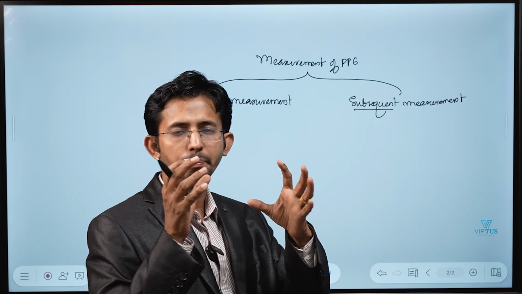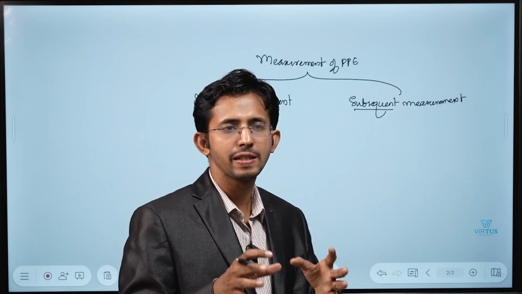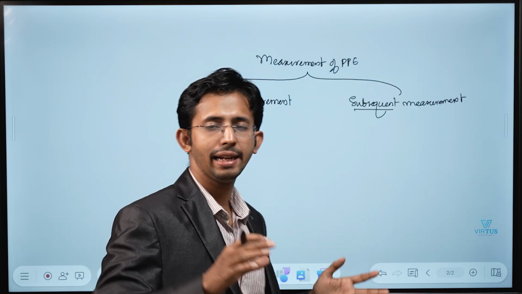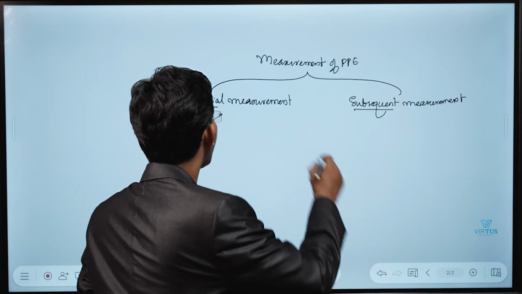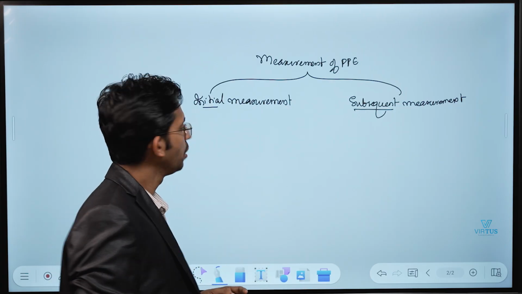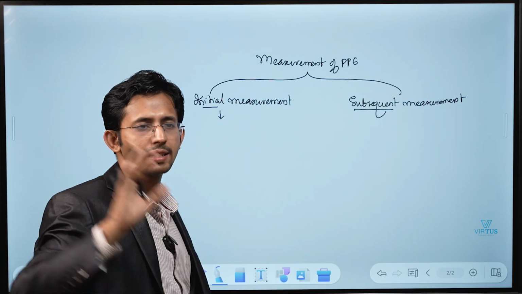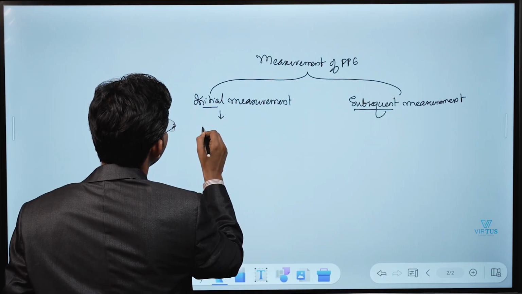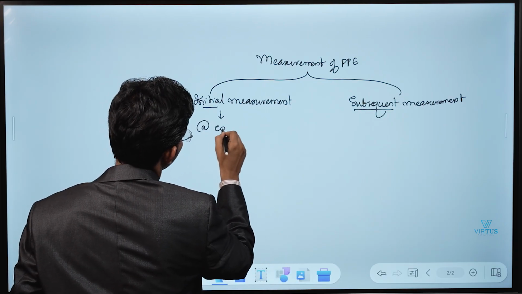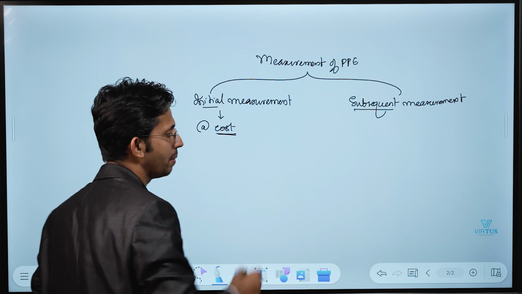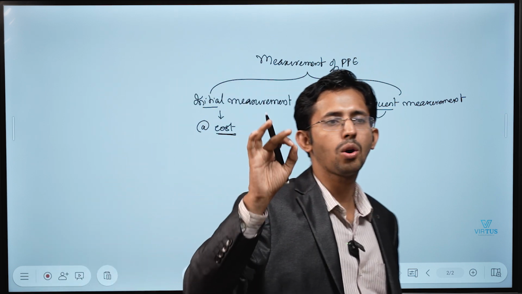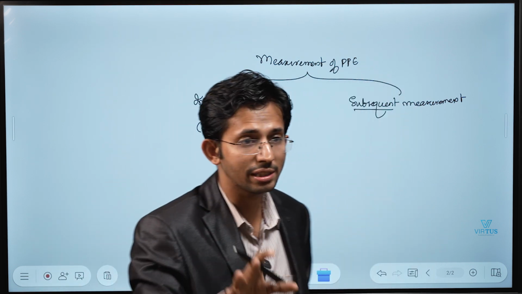Now this is one of the major differences between Ind AS 16 and AS 10. If you come to Ind AS 16, for initial measurement, the principle is the same as AS 10. They say that it has to be initially measured at cost. The initial recognition or initial measurement has to be at cost itself.